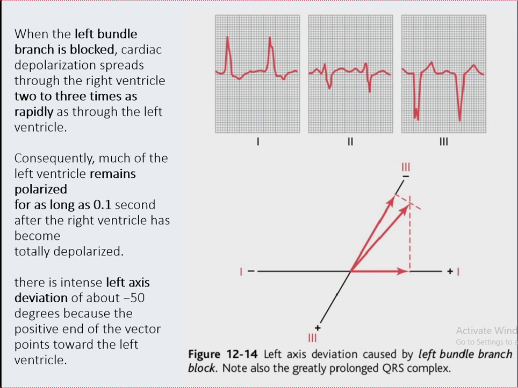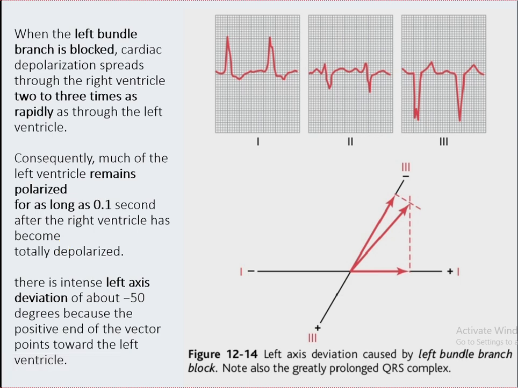These are bundle branch blocks, and you even expect the valves of the right pump and left pump to close at different times. The left ventricle will get depolarized later, and here it is indicated 0.1 seconds after.